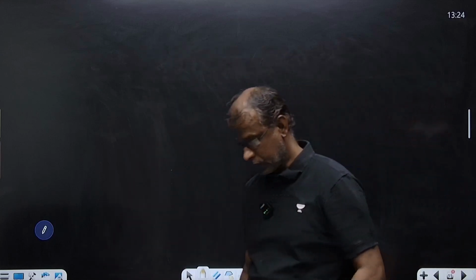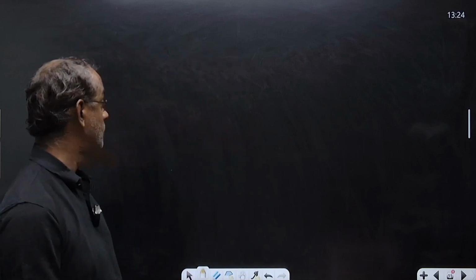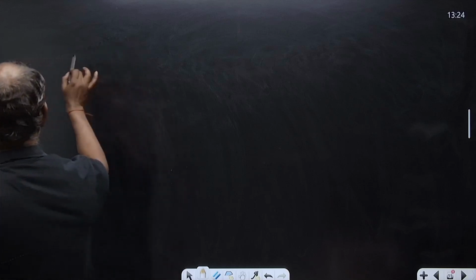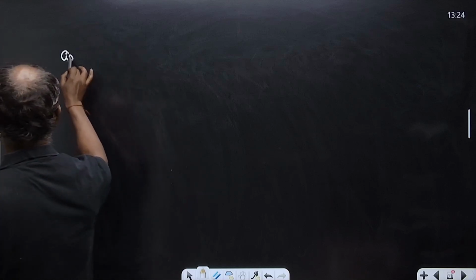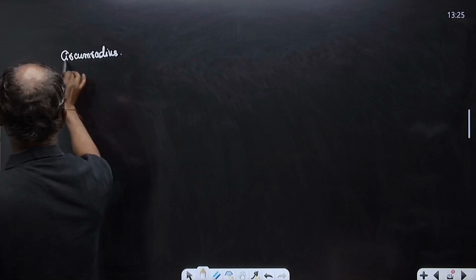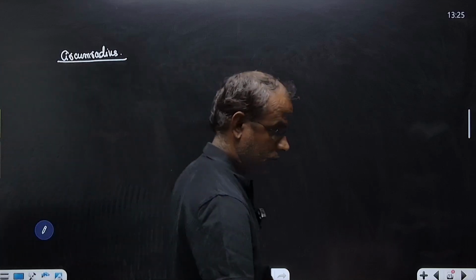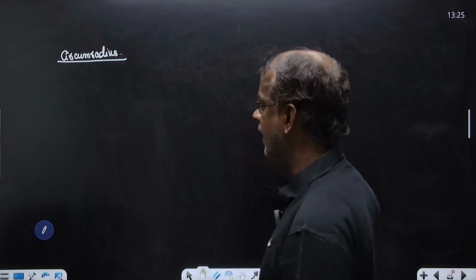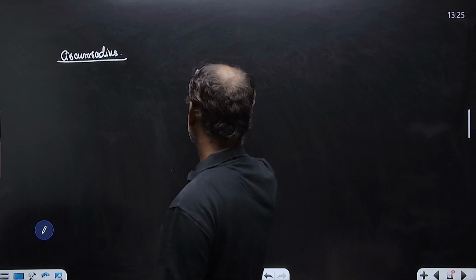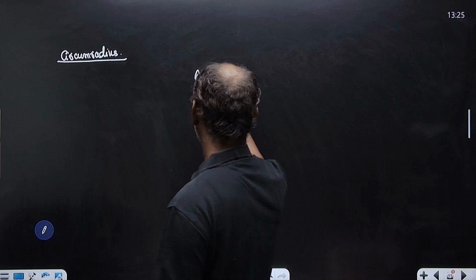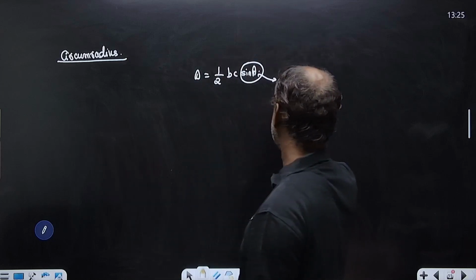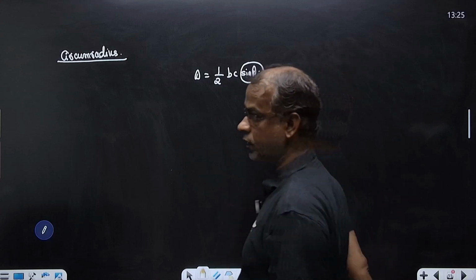Now, let us discuss circumradius. In the circumradius of a triangle, what is used is delta is half BC sin A, and sin A by the sine rule is A by 2R.